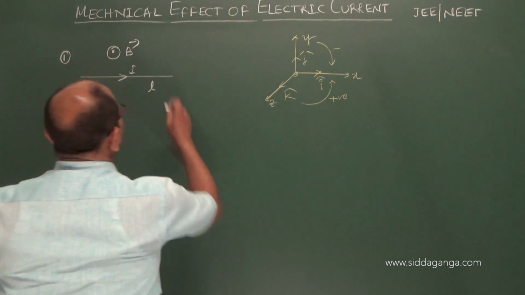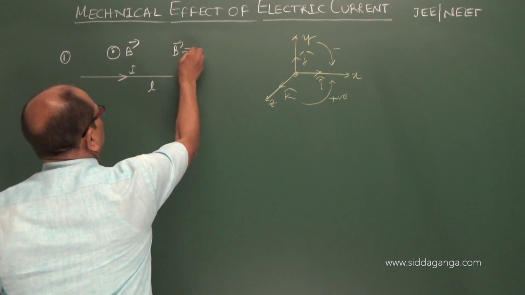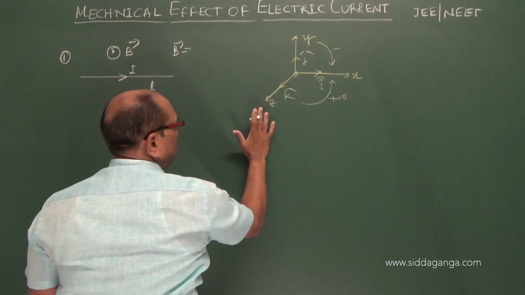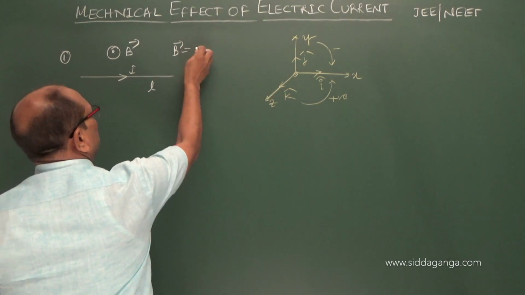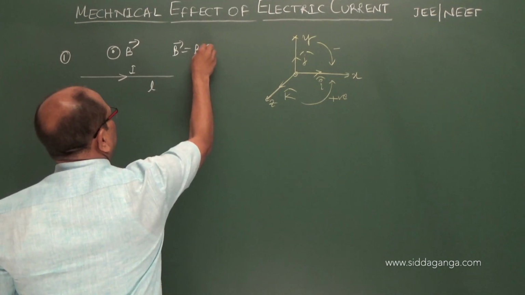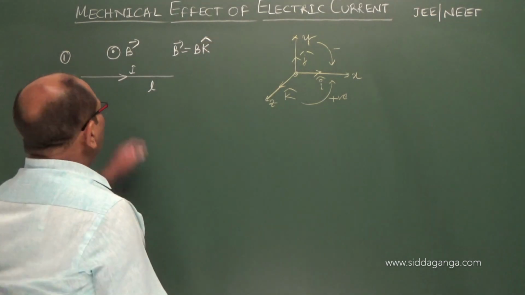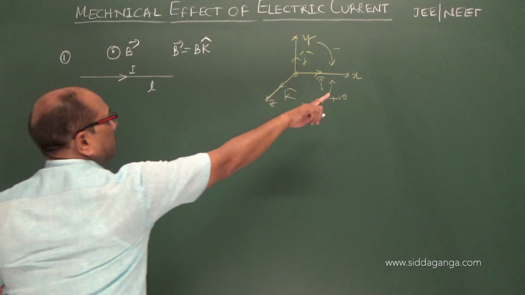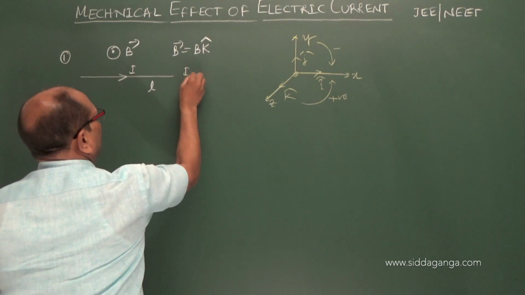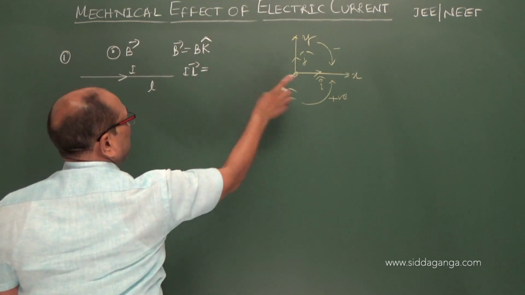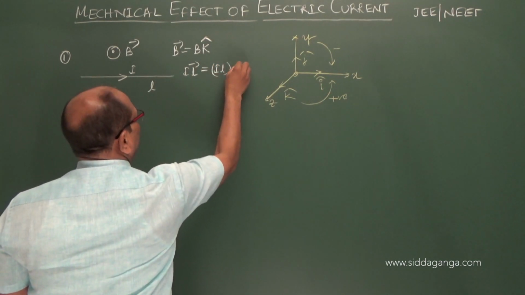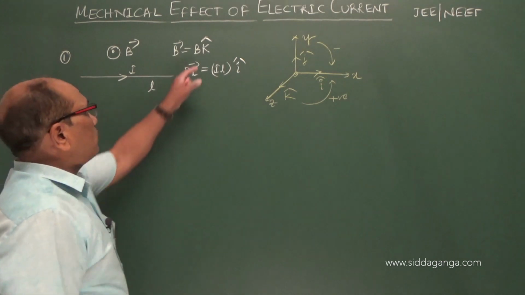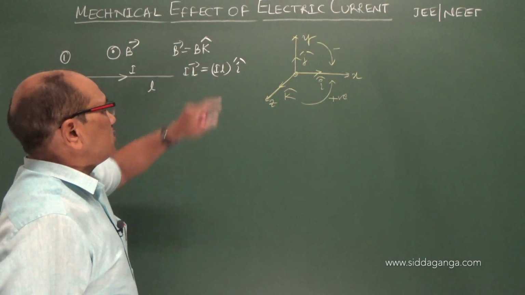The board is the XY plane, outward is plus K, inward is minus K. The field is outward, so I can write it as BK. The current from left to right is along X, so IL is in the direction of I. I hope you have followed. It is along X, it is along Z.